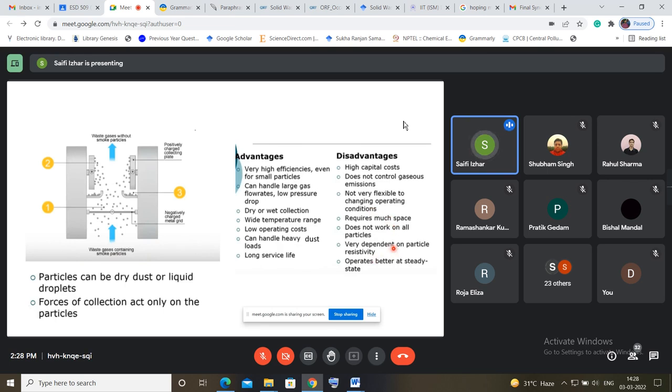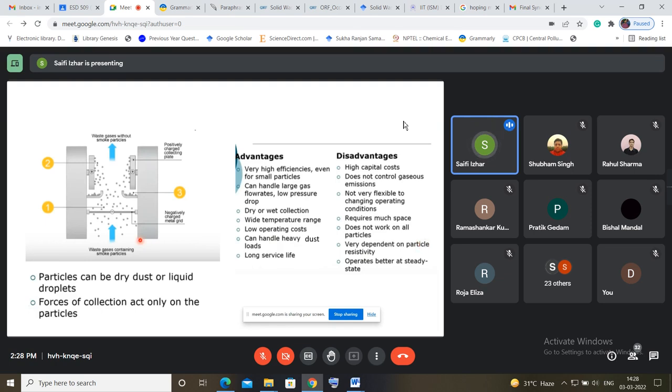Another important characteristic is that it depends on particle resistivity. If the particle resistivity is higher, then the particle will not develop charge. So it depends upon the particle characteristics, which should have resistivity not too low, not too high.